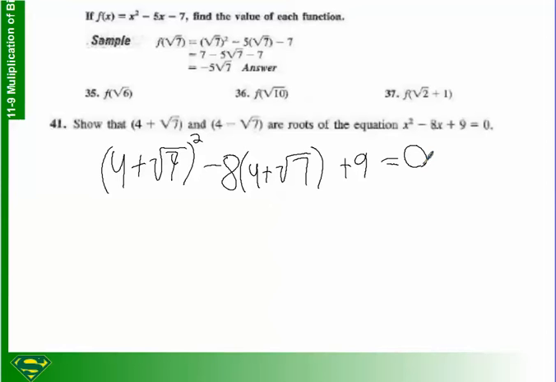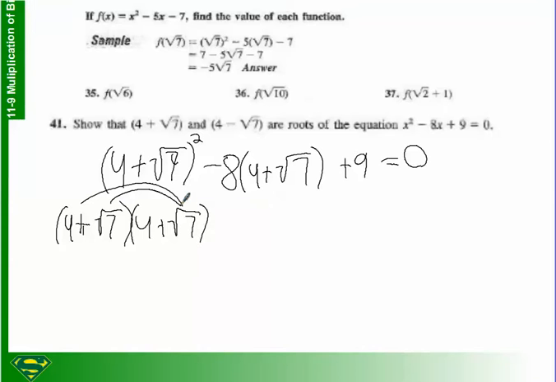To show that this equation is equal to 0, we're going to have to solve it. So 4 plus the square root of 7 squared is the same thing as 4 plus the square root of 7 times 4 plus the square root of 7. You got to go 1 and 2, and then 1 and 2.